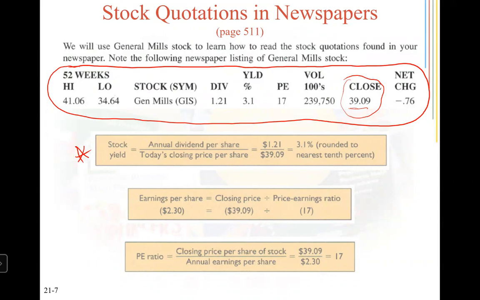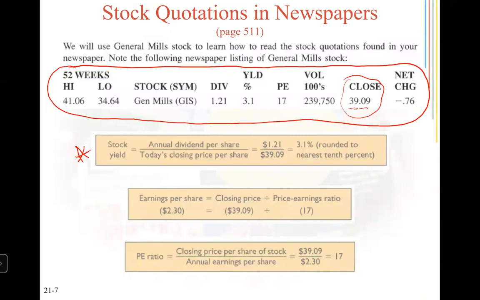The yield gives you a rough idea of how profitable the stock is. Then we have what is called the PE ratio, the price earning ratio.